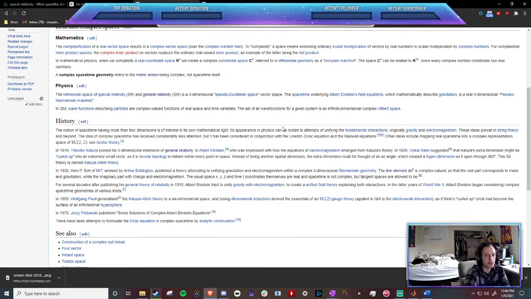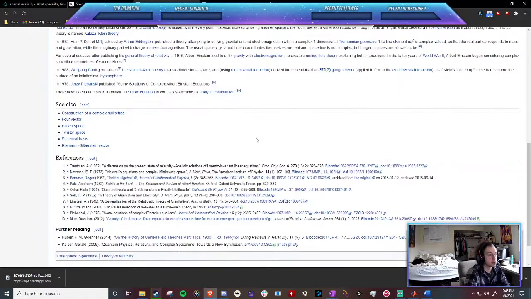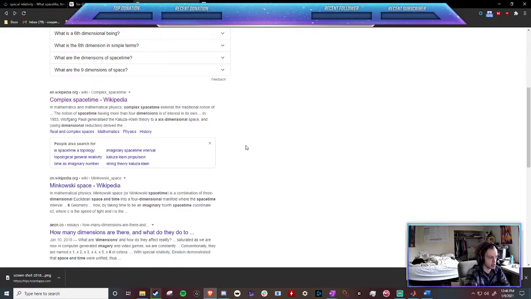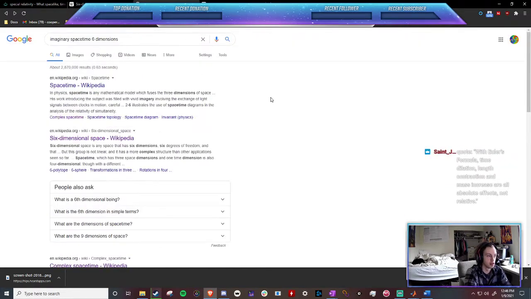It feels too loose to base anything off of. It feels like with Euler's formula, time dilation, length contraction, and mass increase are all absolute effects, not relative.